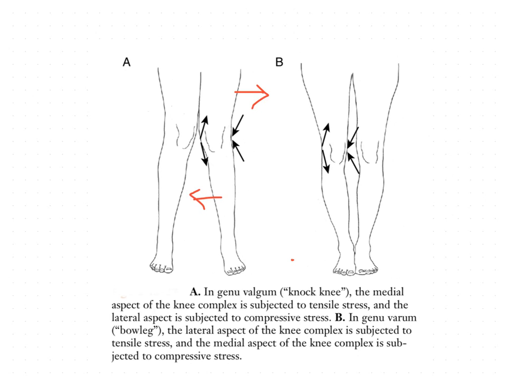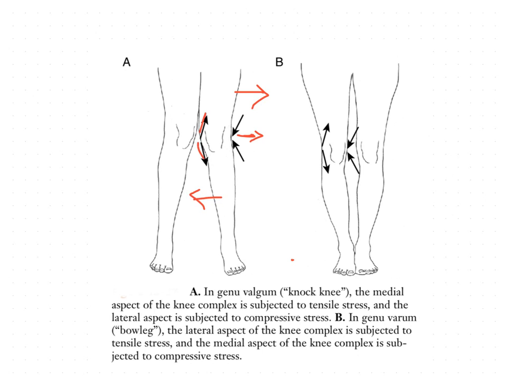As a result of increased torque acting around the knee, the medial knee joint structures are subjected to tensile or distraction stress, and the lateral portions of the femur are subjected to compressive stress.